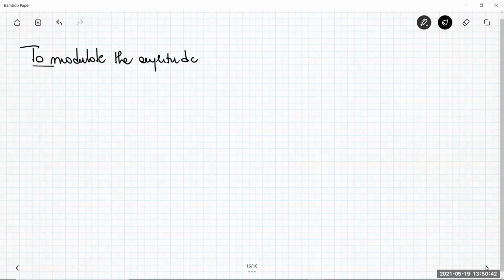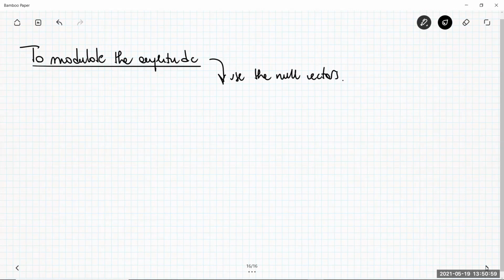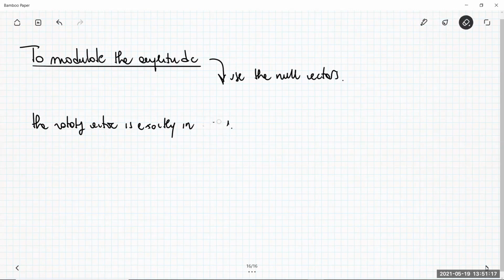To modulate the amplitude of the rotating vector, we should use the null vectors. Okay, so suppose that again I have the situation in which the rotating vector is exactly in between, in the middle of sector 1.